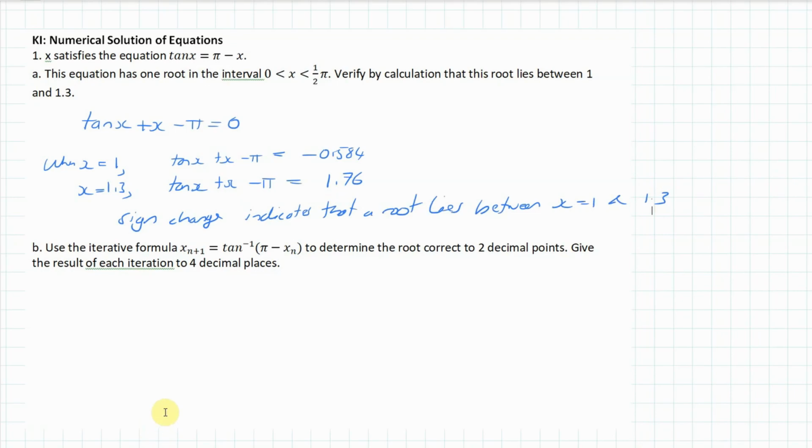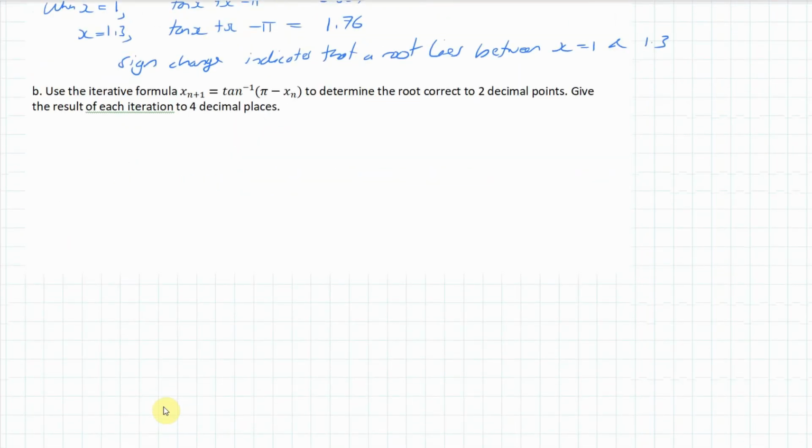And now we're going to use the iterative formula to help us find this. My first value is 1.1, and then I'm going to type into my calculator this formula here and replace that with ans. First step on your calculator is to press 1.1 equals, and that will now be set to the answer, and then type out this iterative formula, and then just press equals each time. Just like we did in class.